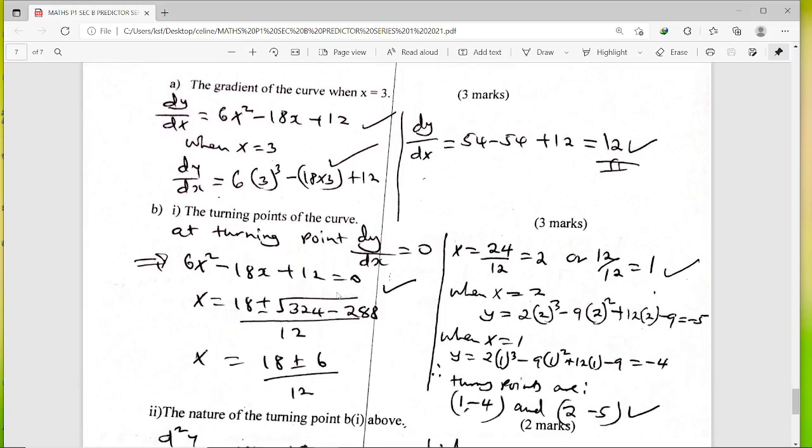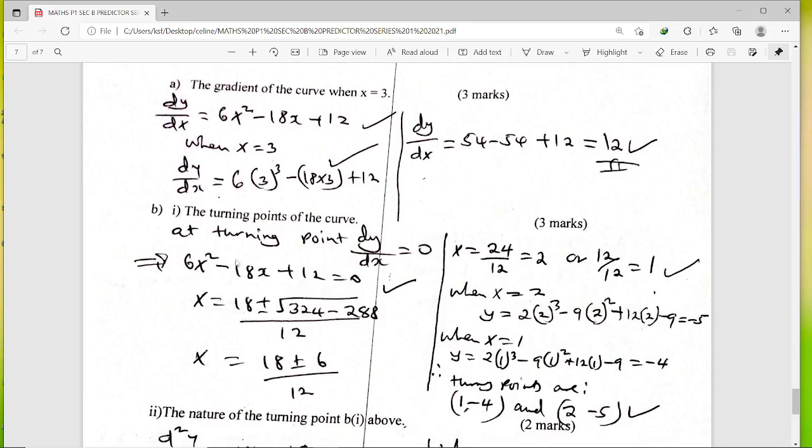Then the turning point of the curve. We know that at a turning point dy over dx equals 0, and therefore 6x squared minus 18x plus 12 equals 0. This forms a quadratic equation. We use the quadratic formula to find the value of x.